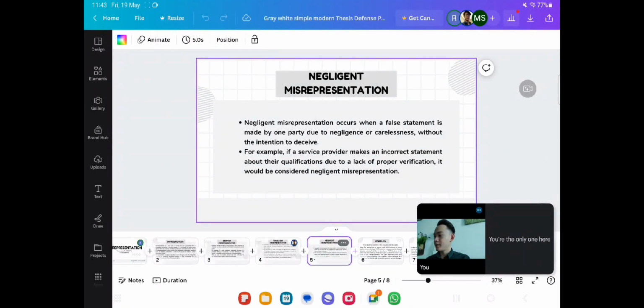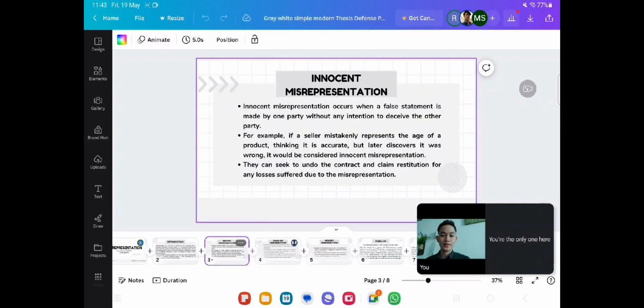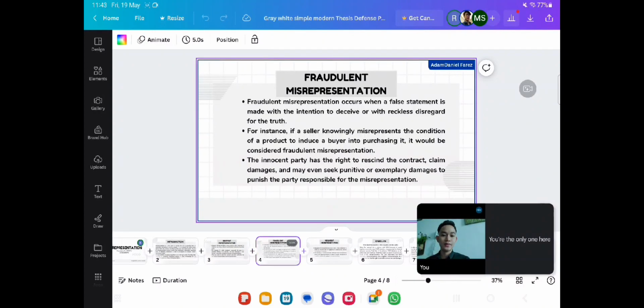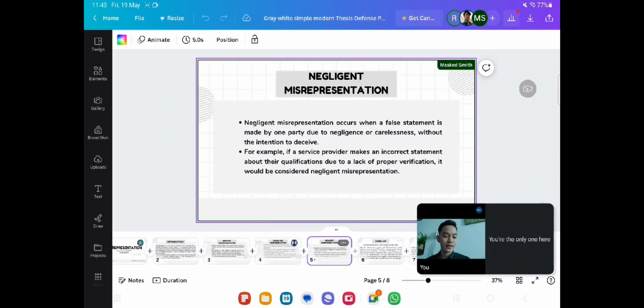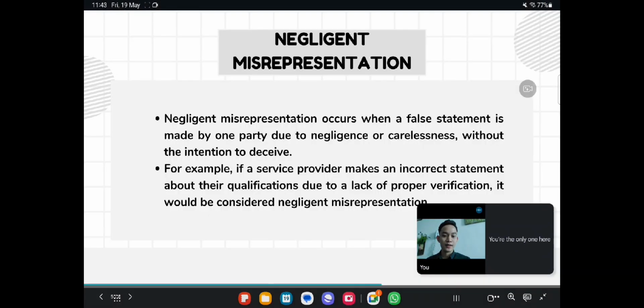We have covered two types of misrepresentation in contract, which are innocent misrepresentation and fraudulent misrepresentation. Now I am going to cover negligent misrepresentation.